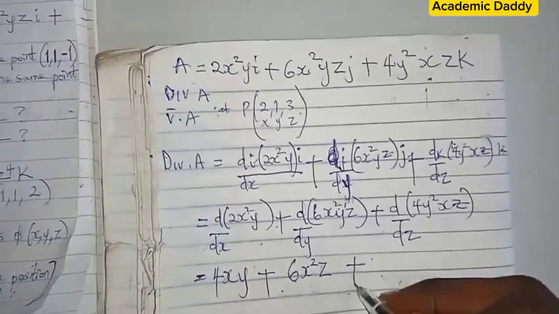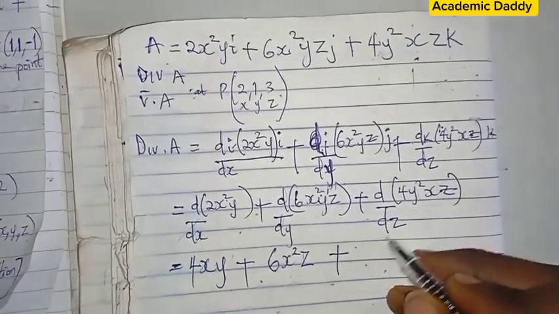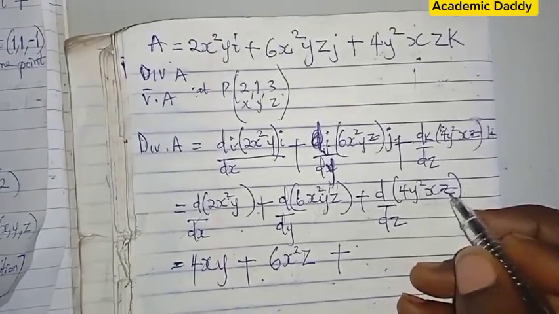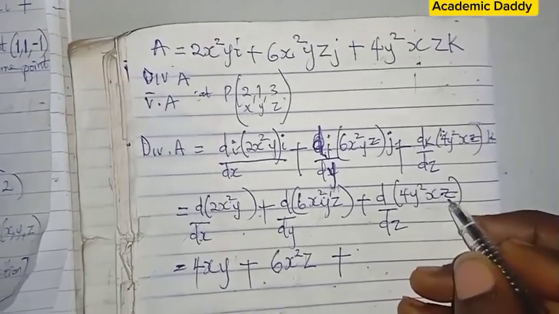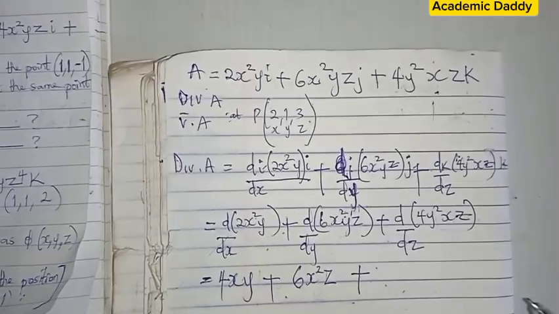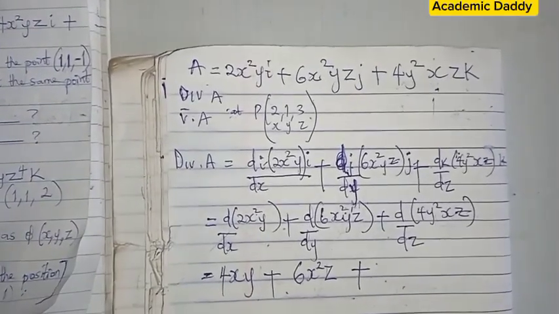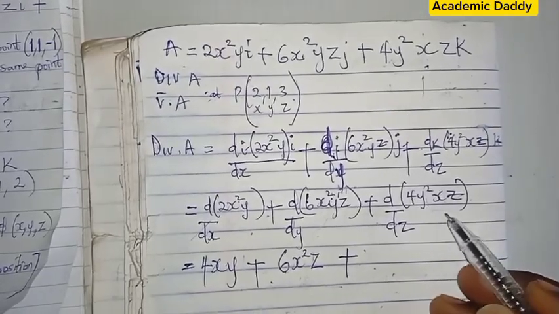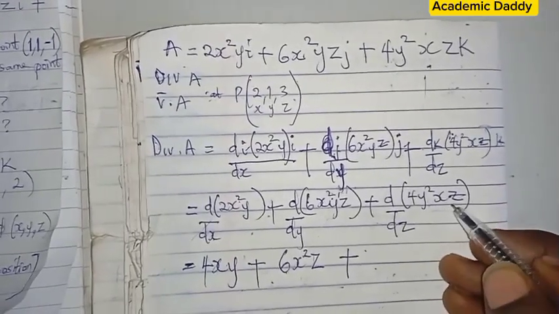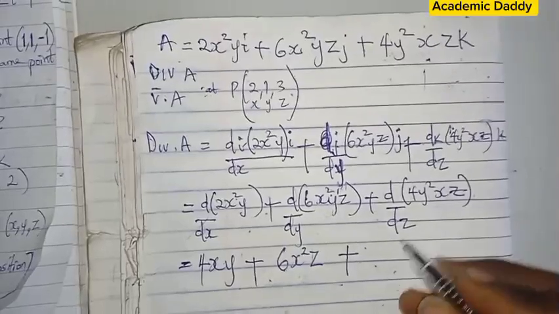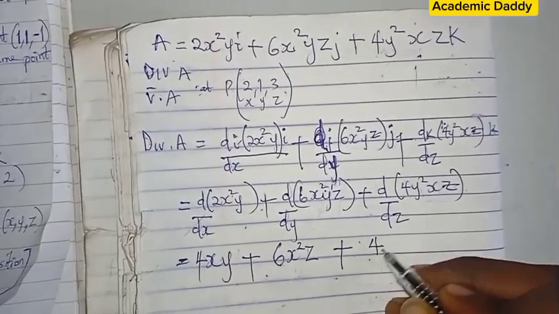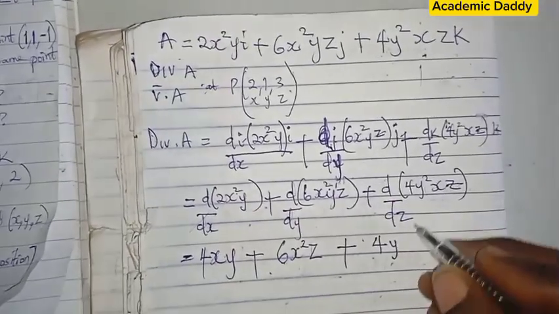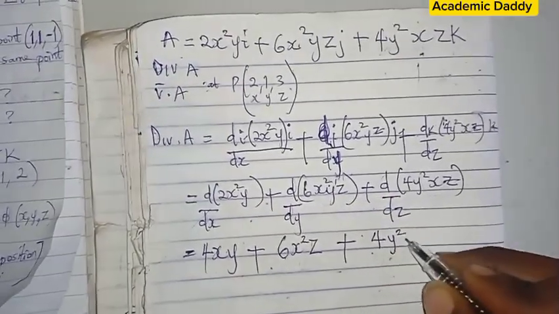So now plus, with respect to z, we are not going to differentiate anything apart from the z. Are you seeing it? Yes. Notice for the z part now, they are tied, they are products. So we just say 4y squared x, write everything the way it is.